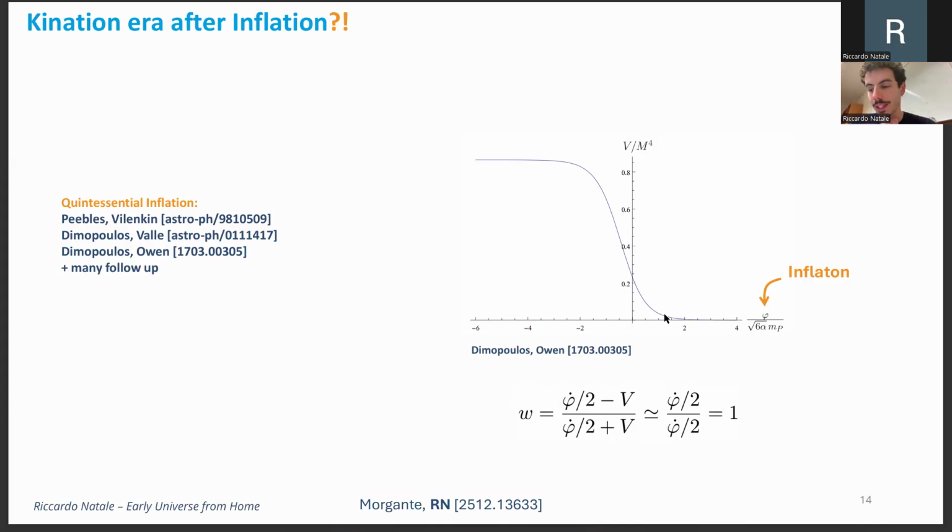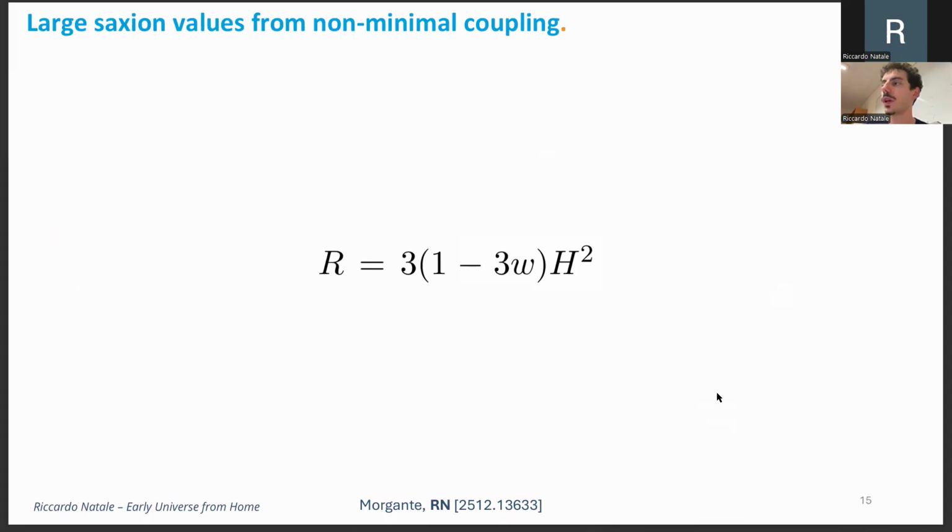And the kinetic energy density has an equation of state which is equal to 1. So a kination era is basically a period of the universe in which the dominating fluid has an equation of state equal to 1. And why do we want to use this era?